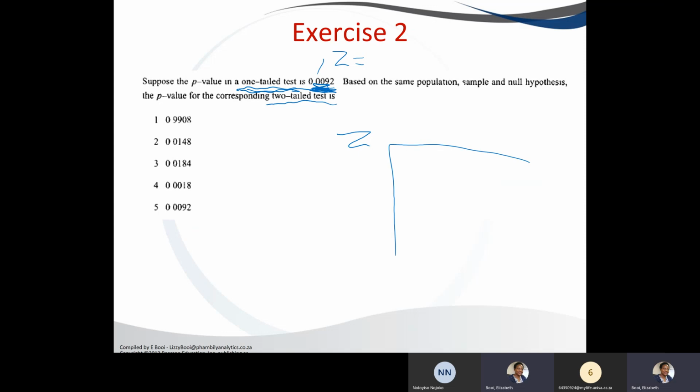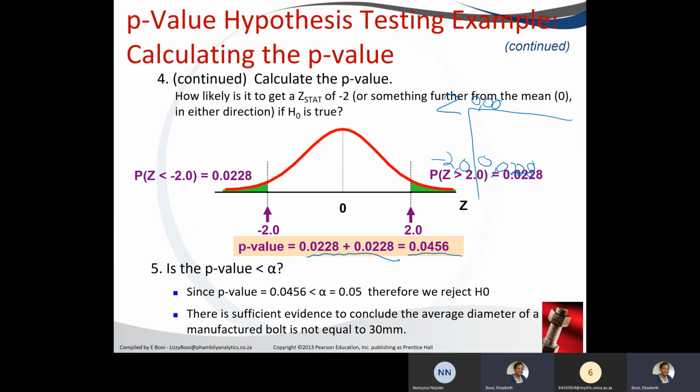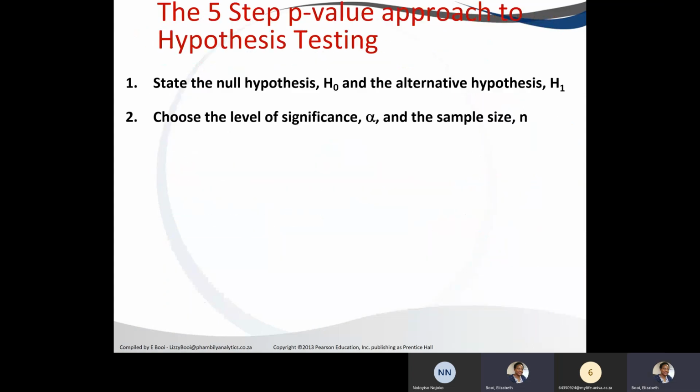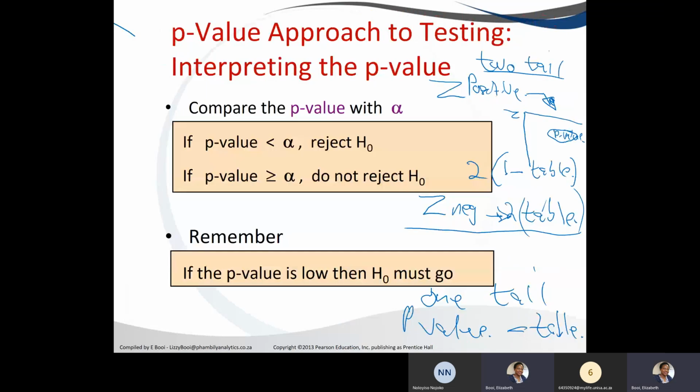Now, that's the other thing I need to amend on the decision we made. If I go back here, remember I said if it's positive, I forgot to mention this. If the Z value you find is on the positive side of the table, remember, the positive side of the table means the greater side.